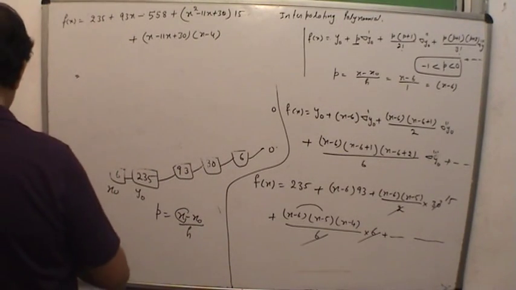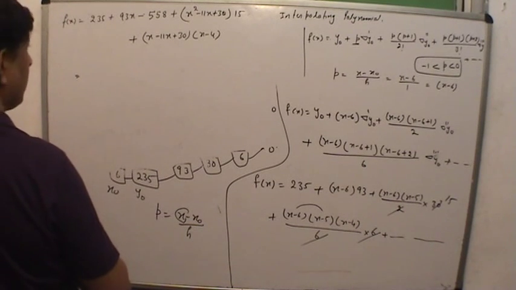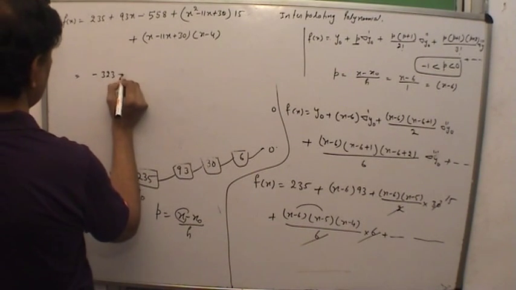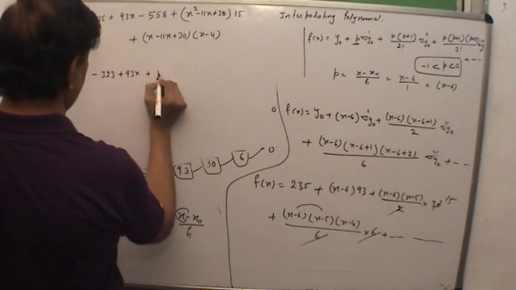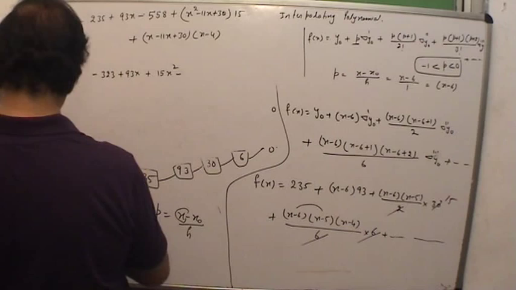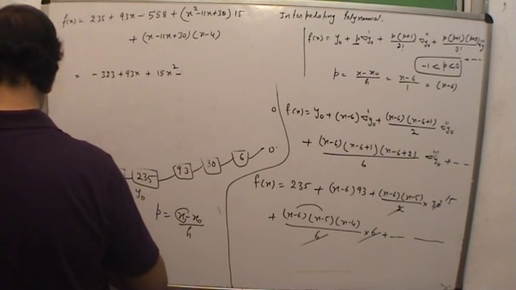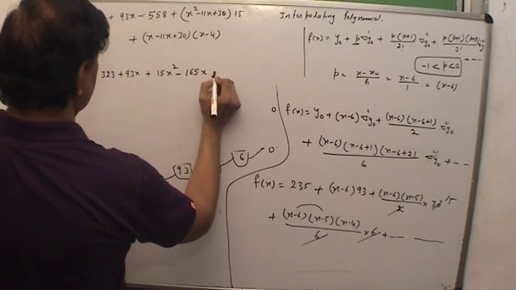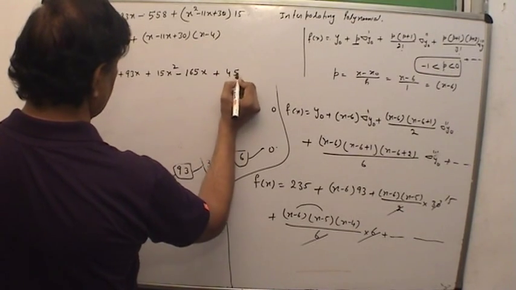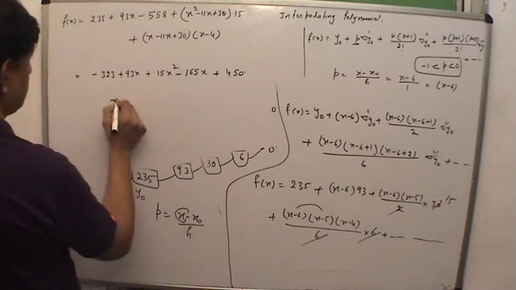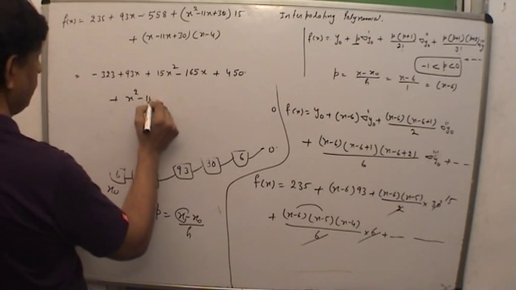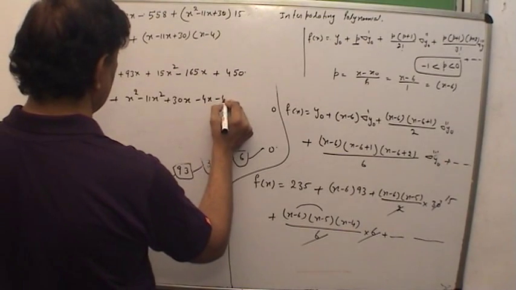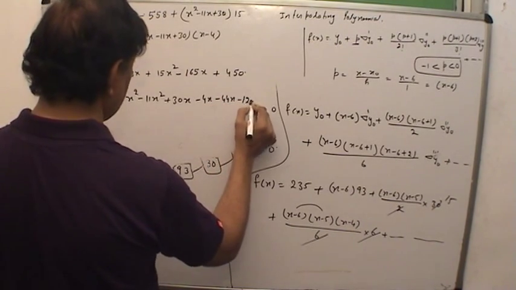That is equal to 235 minus 558 minus 323 plus 93x plus 15x square minus 15 into 11, that is 165x, plus 15 into 30, that is 450, plus x cube minus 11x square plus 30x minus 4x square plus 44x minus 120.